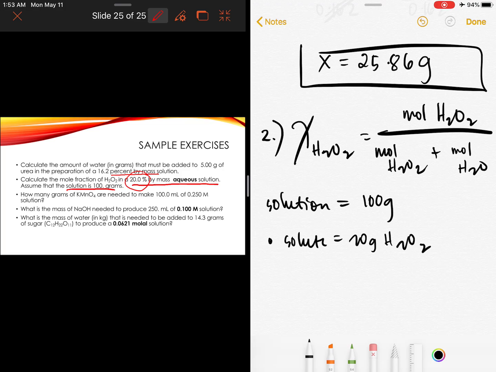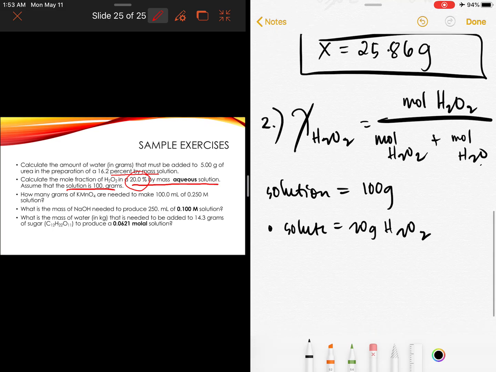Very easy, right? So 20% of 100 is 20. Now, if the entire solution is 100 grams and your solute is 20 grams, how many grams is the other component? How many grams is water? So 100 minus 20, that is equal to 80. So the other component, which is water, is 80 grams.